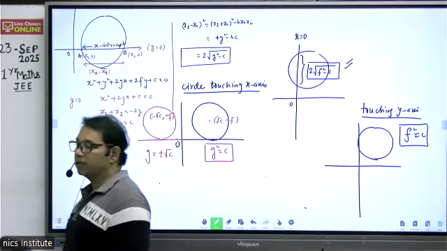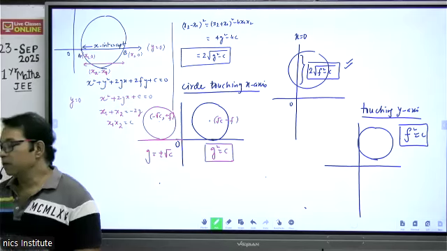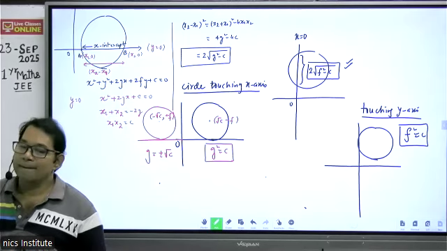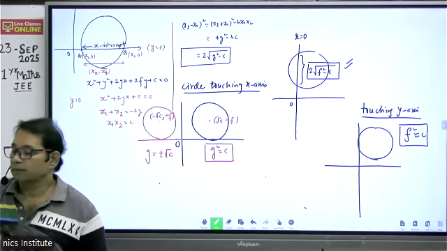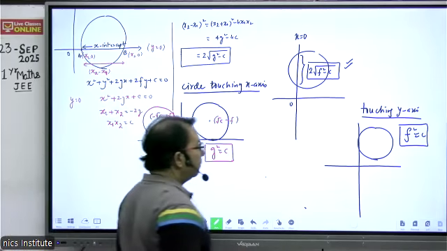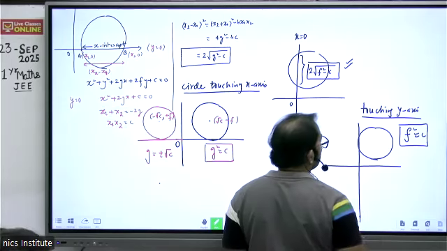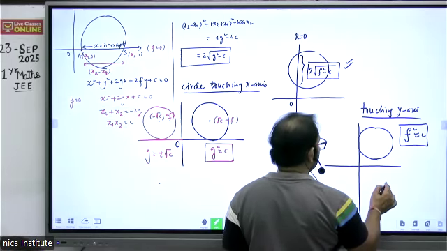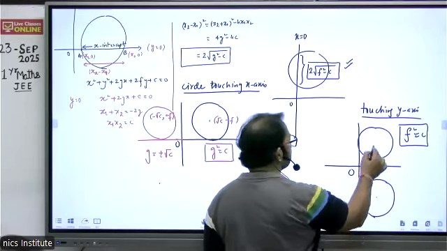If a circle touches y-axis, its y-intercept would be 0. f square is equal to c. And again, f will have two answers for the same value of x coordinate. So there'll be two circles like this.